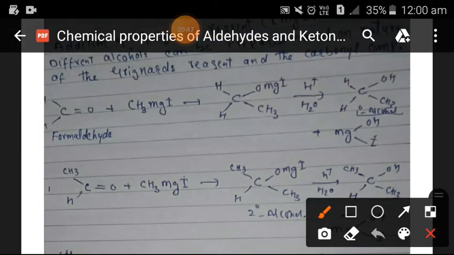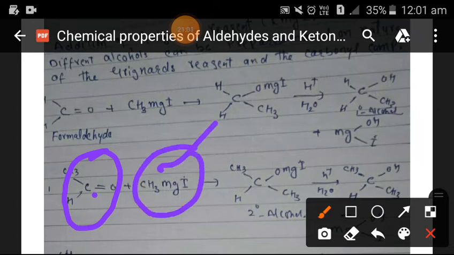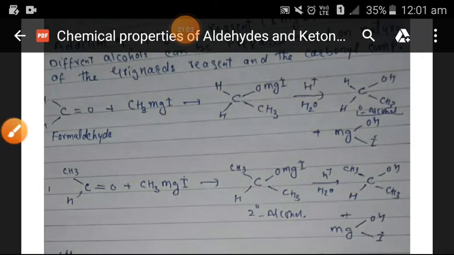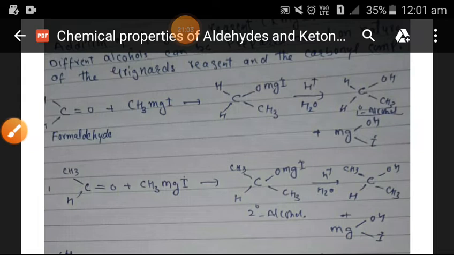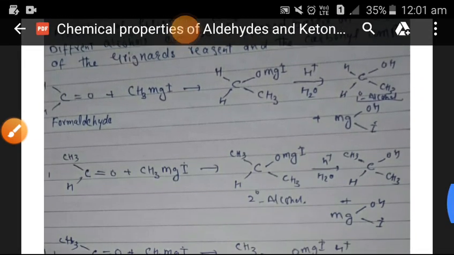If we now take acetaldehyde as the second compound, when treated with CH3MgI, the intermediate product will be formed, which in presence of acid will give us a secondary alcohol.